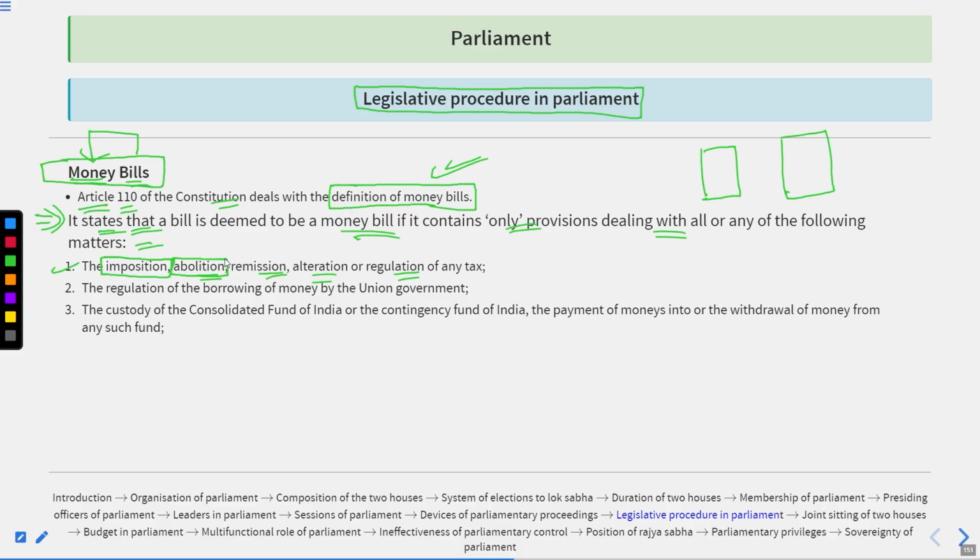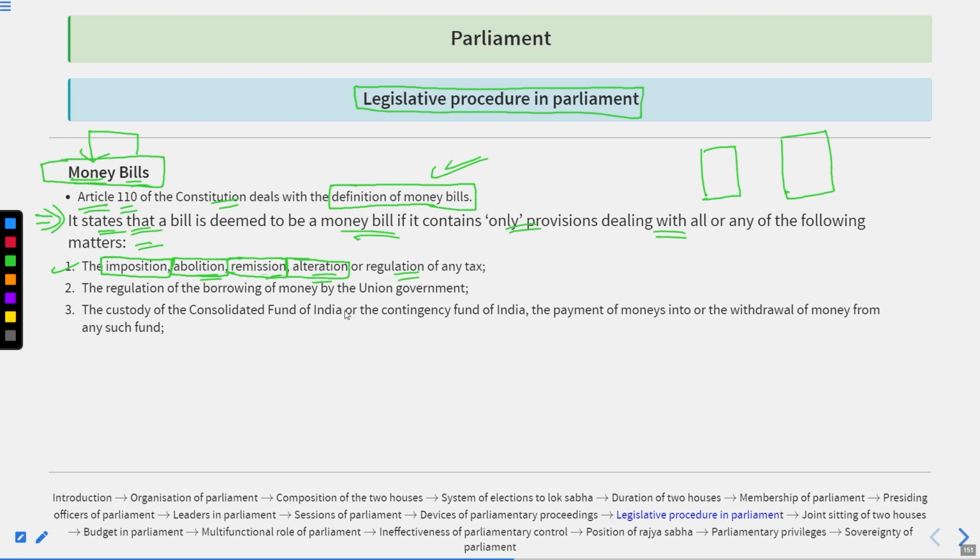Now here you see the two words, remission and alteration. Basically both of these have a similar kind of structure, but we can say they are not the same. Both of them have similar conditions, but they're not the same.